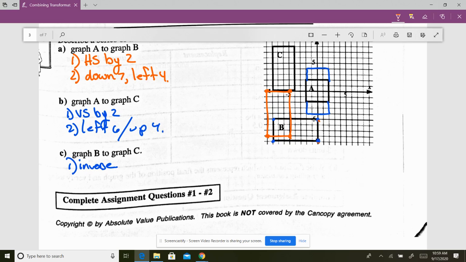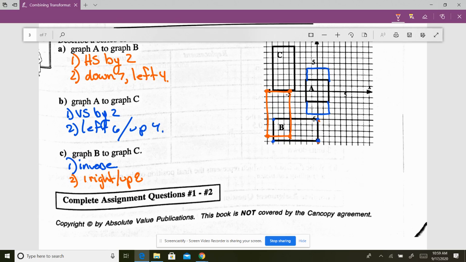Now you have a couple choices here. How can you get to the other one from that position, the orange rectangle? So you can go 1 right and up 8.